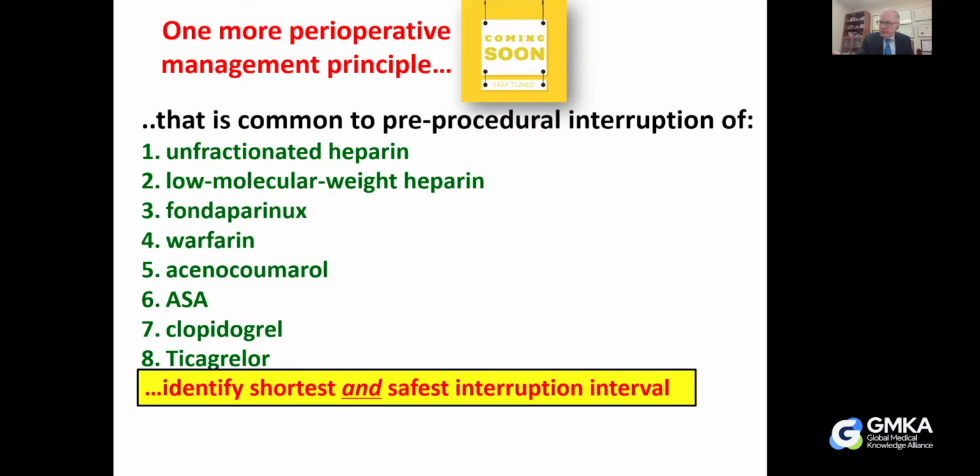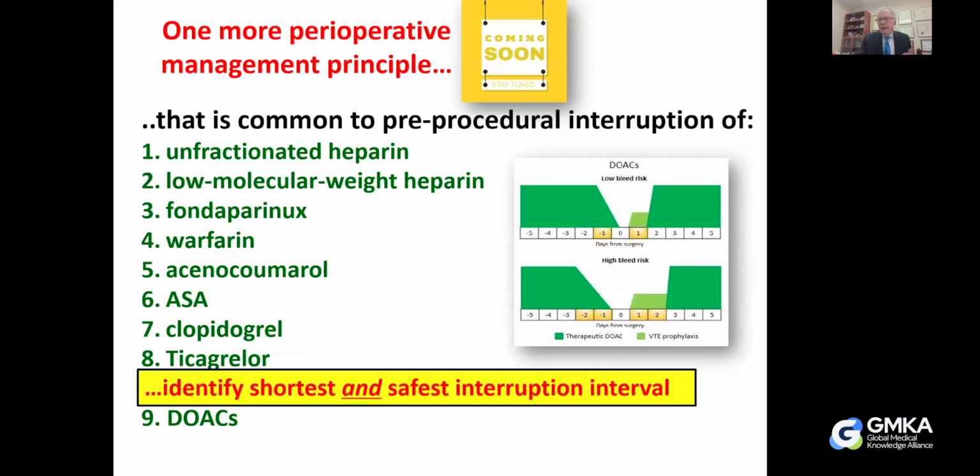This is what we do for each of these drugs, and we should be doing it for the DOACs as well, using that little diagram to illustrate that we want the shortest possible interval off the drug to minimize risk for thromboembolism, but also that is safe so that we're not causing patients to have more bleeding.